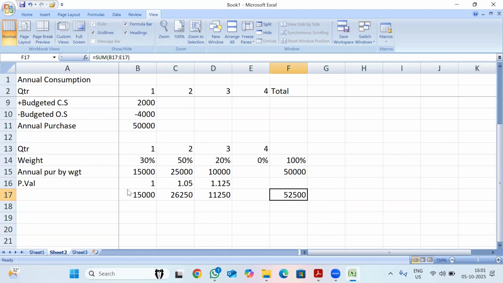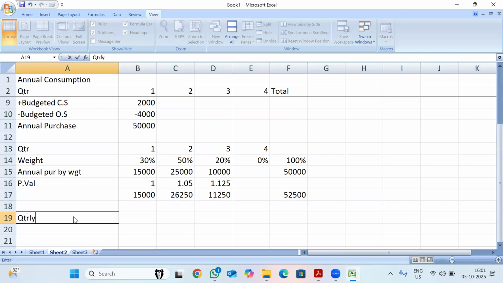Now what I need to calculate is quarterly stock. What is my quarterly closing stock? I need to calculate this. This is based on FIFO.